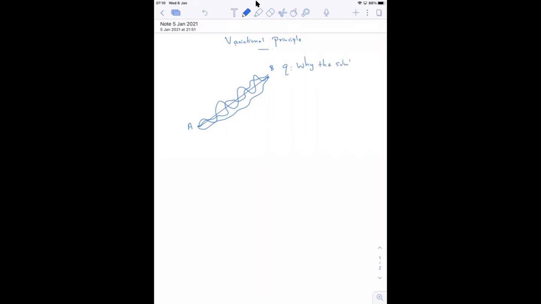why the solution of the equation of motion has a particular trajectory, out of all possible trajectories.